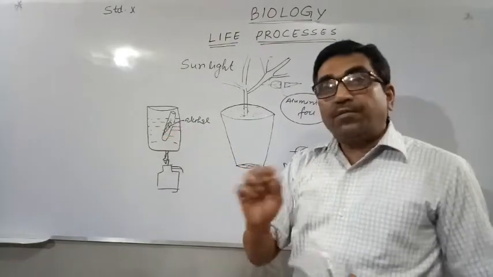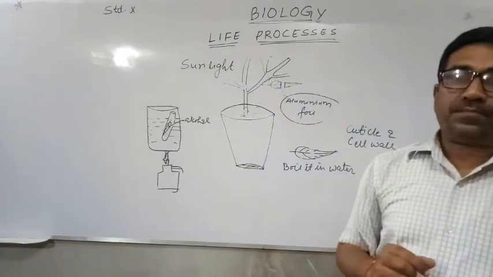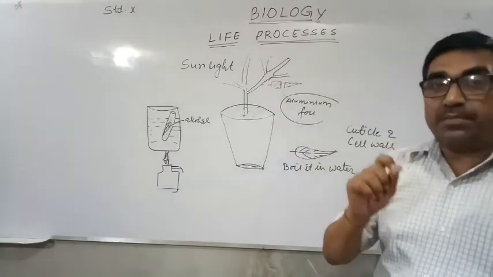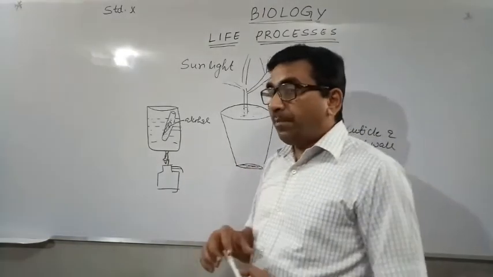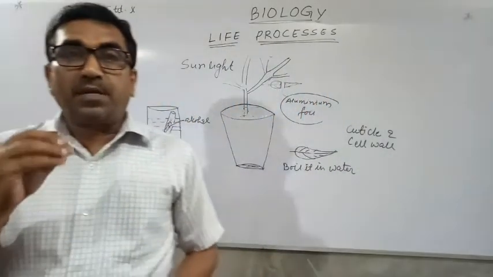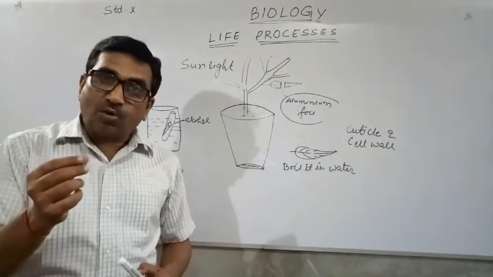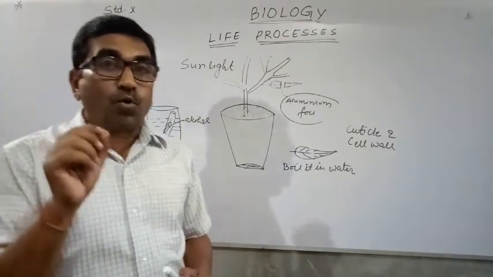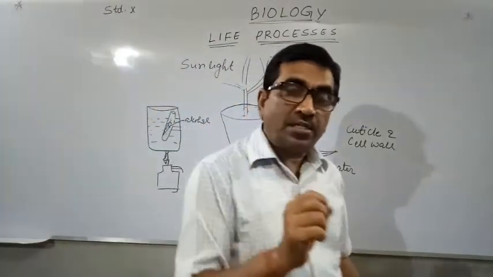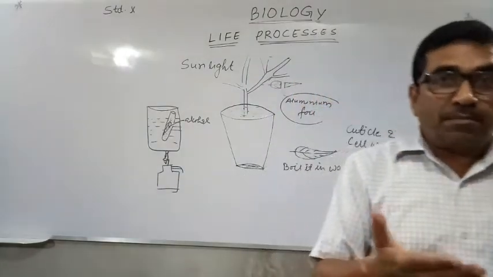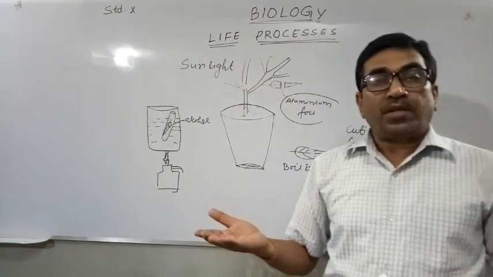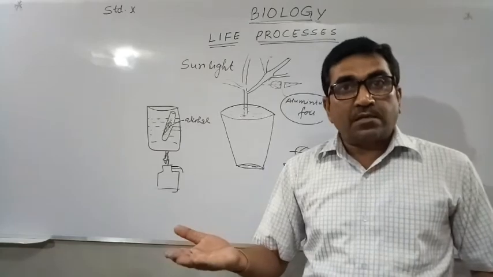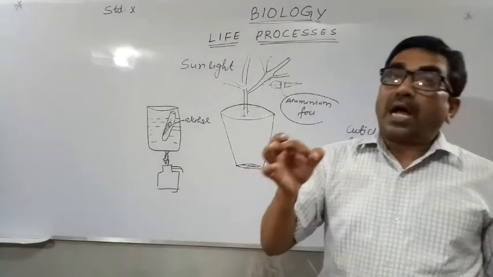Now the leaf becomes colorless. We take it out and wash it clearly so that no chlorophyll remains stuck to it, and after washing it we place it on the glass slab and put the iodine solution.